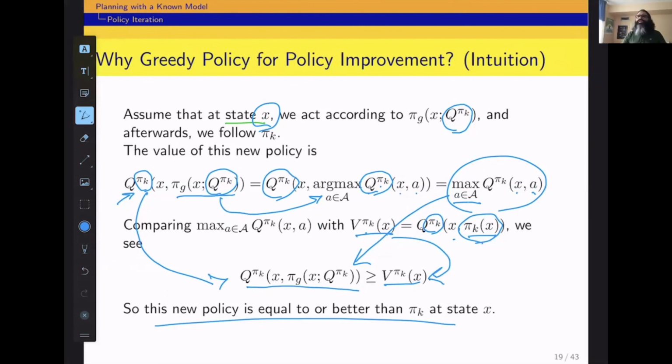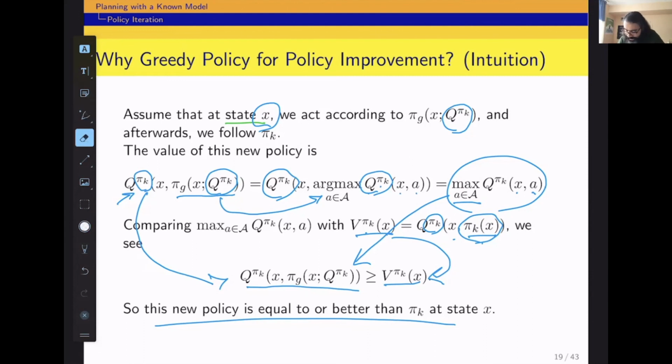Well, the thing I'm referring to is that the policy I talk about here is one where in one step I do the greedy policy, but after that step I follow pi K. So it's not in all states that I follow the greedy policy. So maybe I write it this way.